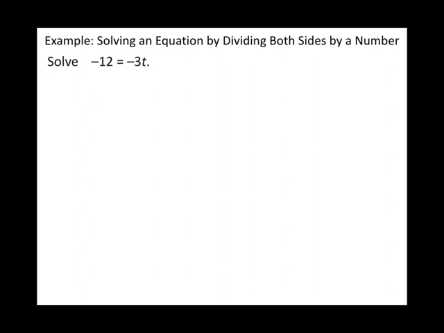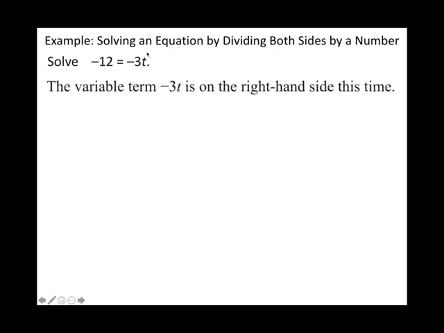Okay, another example. Solve this equation, negative 12 equal to negative 3t. And this time you're going to see my variable is on my right hand side, but it doesn't really matter because this is an equation. Left hand side is going to be equal to right hand side.